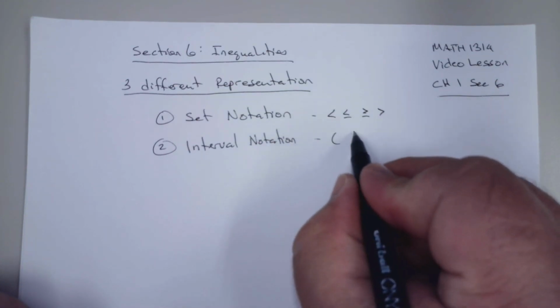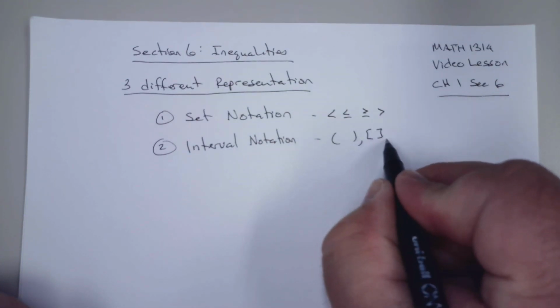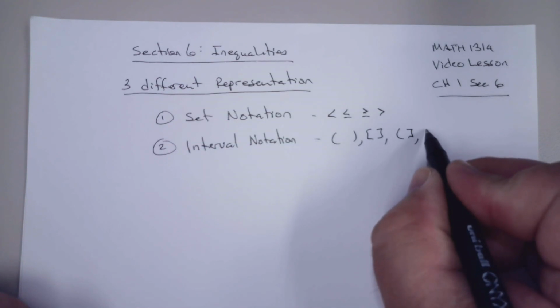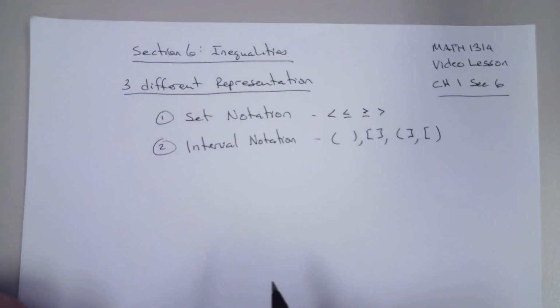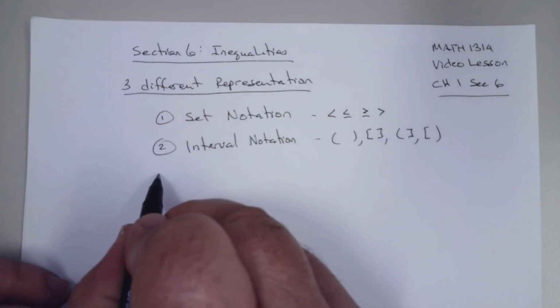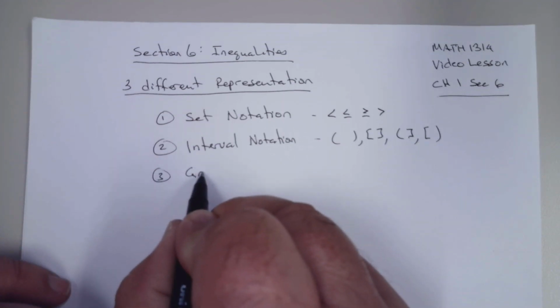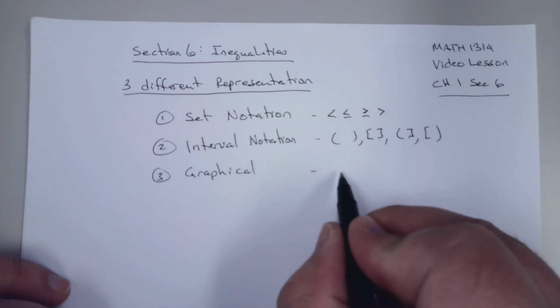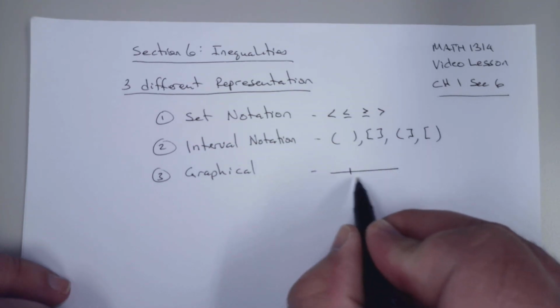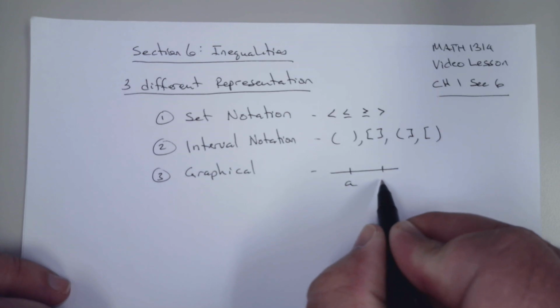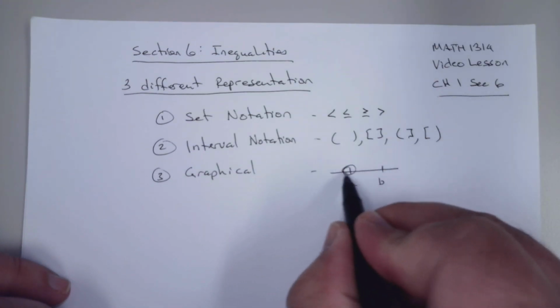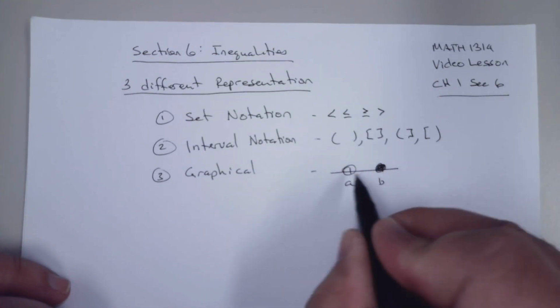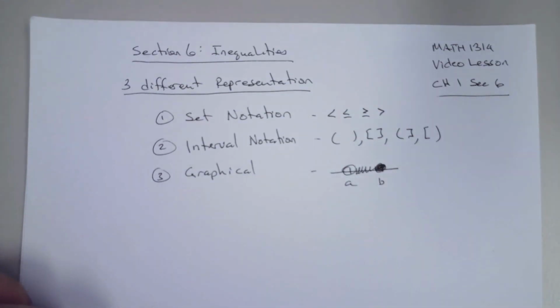Here we use parentheses, brackets, or a combination of the two. And then we have the graphical, which is simply a graph, and we either use open or closed circles, and we shade that region in.